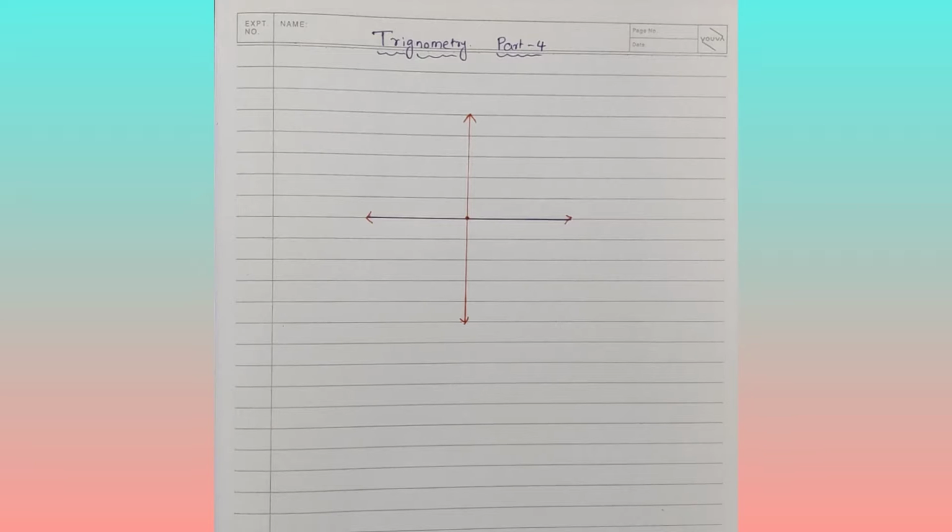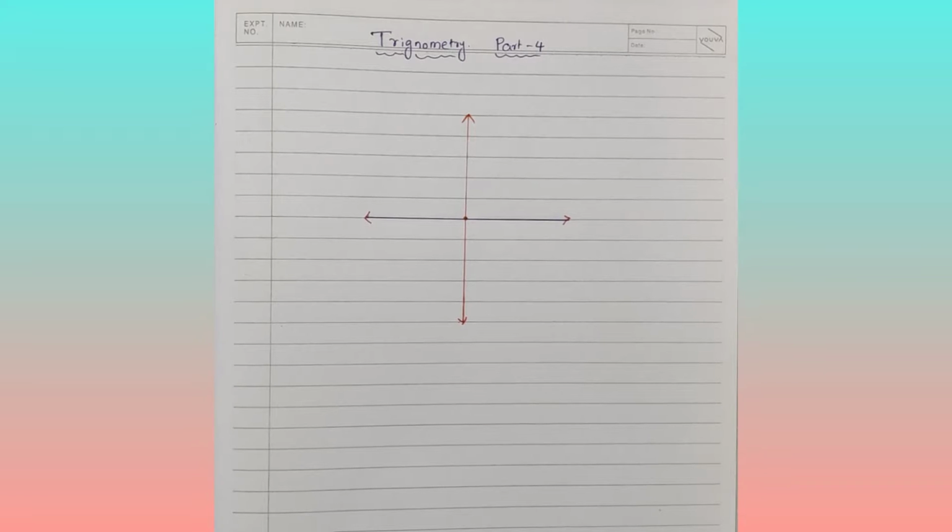Hello friends, today's topic is again the complementary angles using the "All Silver Tea Cups" trick. As I explained in the third part about 90 minus theta, today we will discuss the remaining all ratio angles.